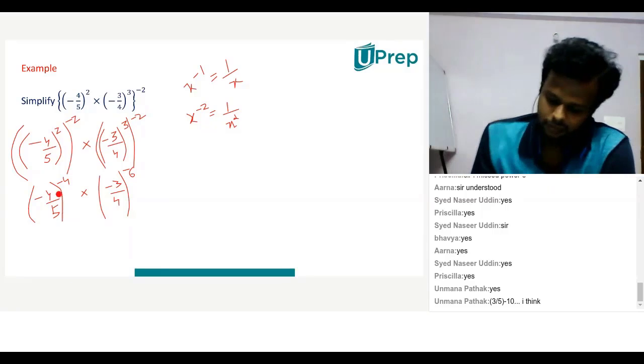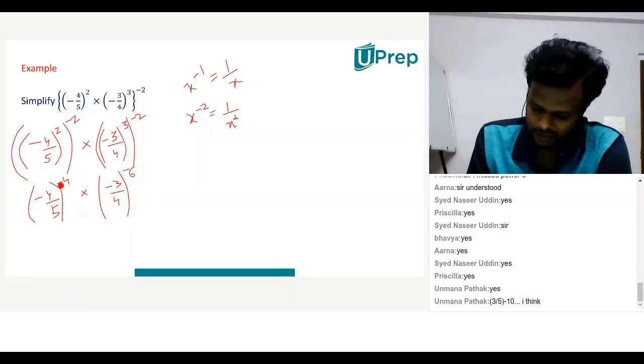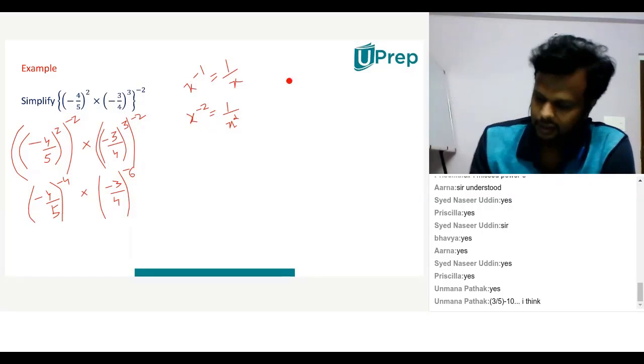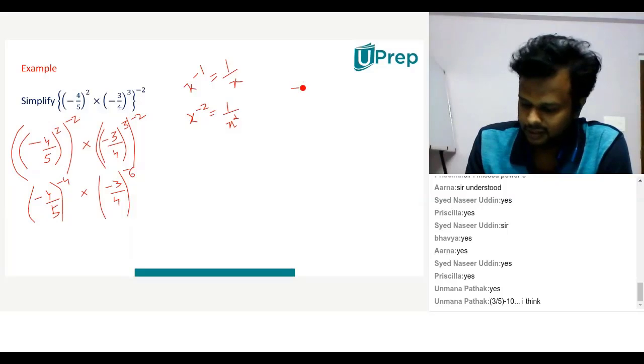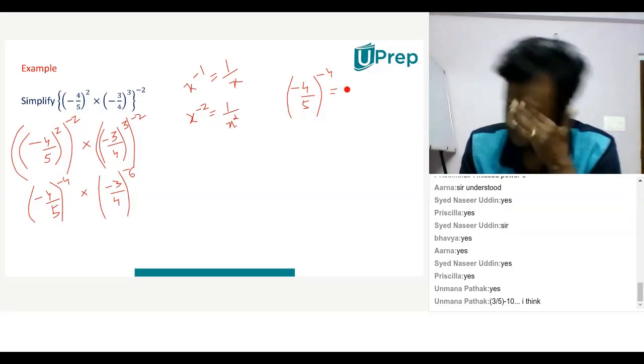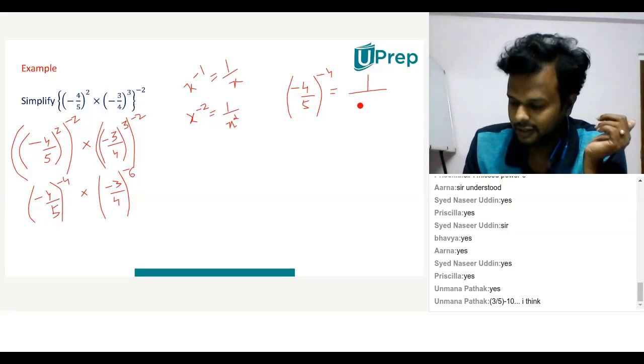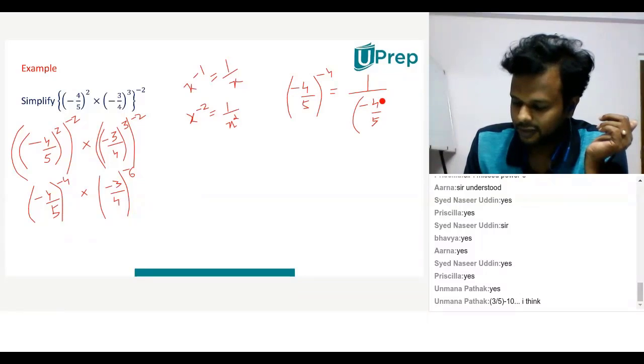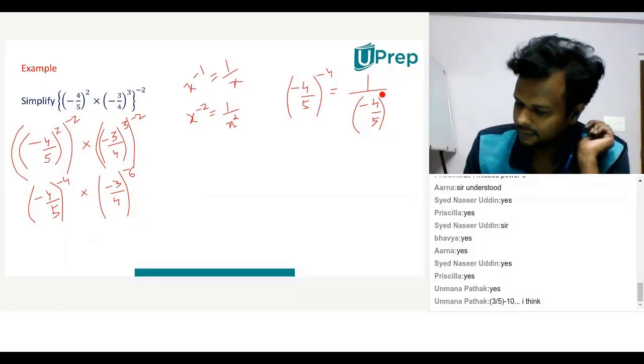Okay. Now, because I have a negative power here, I will write minus 4 by 5 whole power minus 4 as 1 by minus 4 by 5 whole power 4.